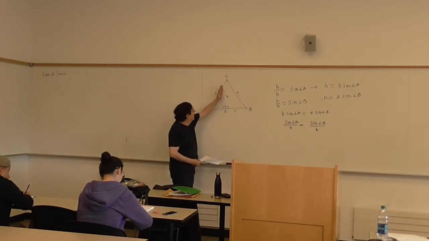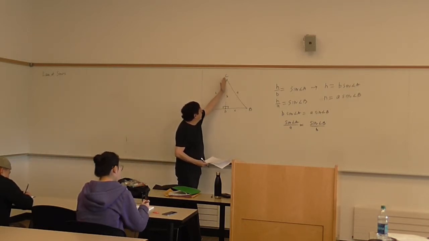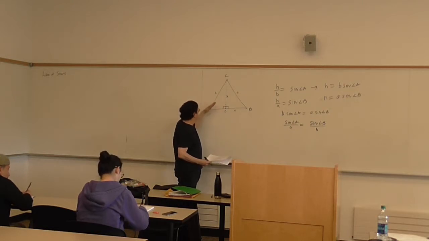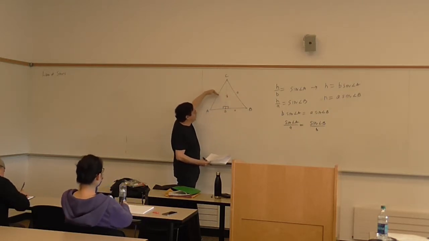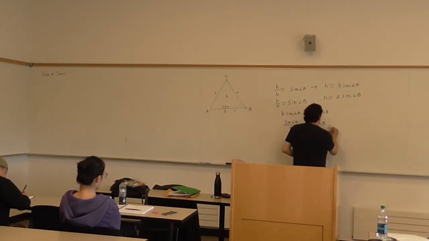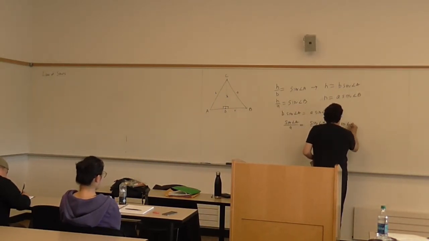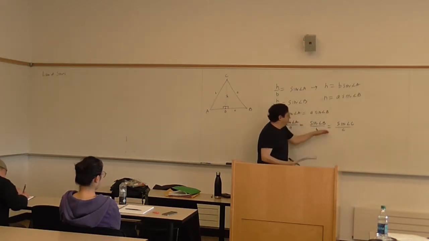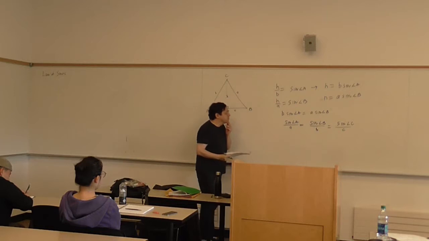I picked this altitude from C, but I could just as well have picked it from A or from B, and I would have gotten the third piece. I would find that sine of angle C divided by the length of C is also equal to this ratio.